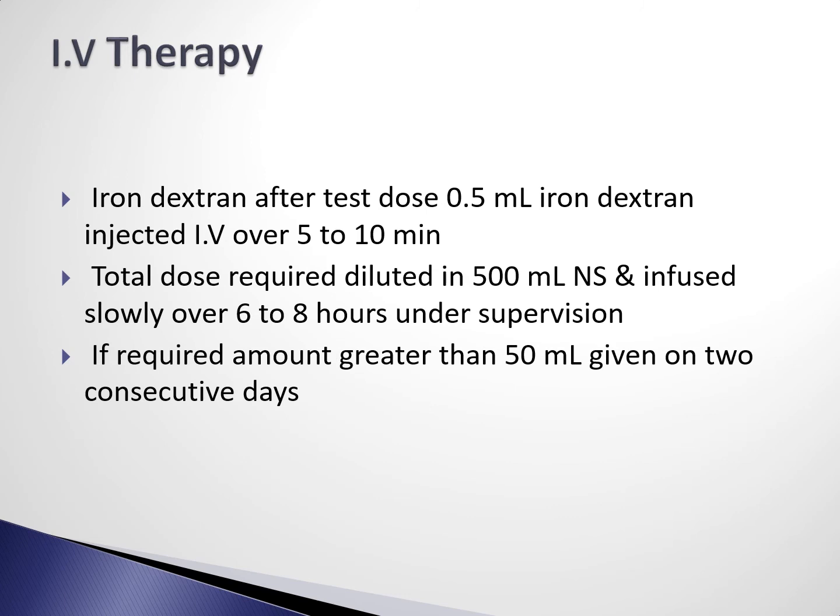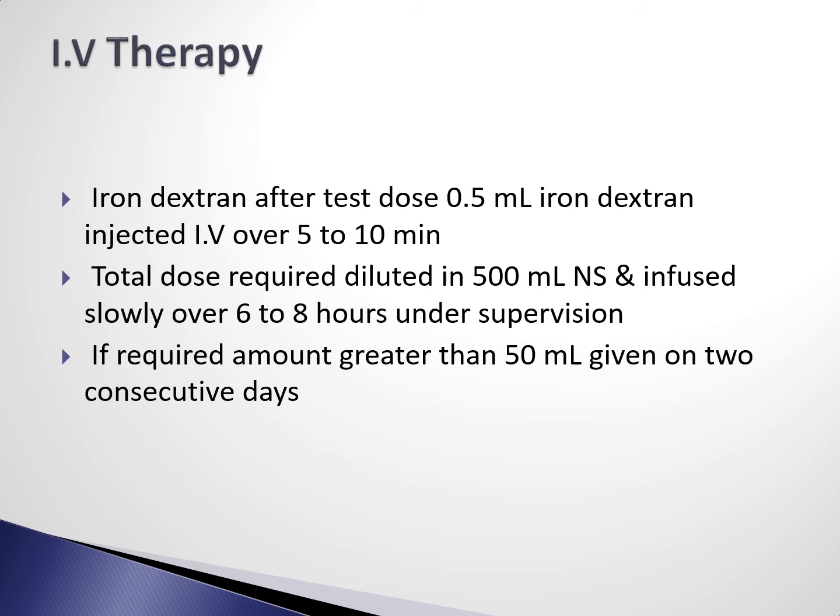In intravenous therapy, iron dextran can be given intramuscularly as well as intravenously. In intravenous therapy, you can give a total infusion dose or a bolus dose. But it is important that whenever you give this intravenous therapy, you have to do a test dose first, because hypersensitivity reactions can occur with this drug.